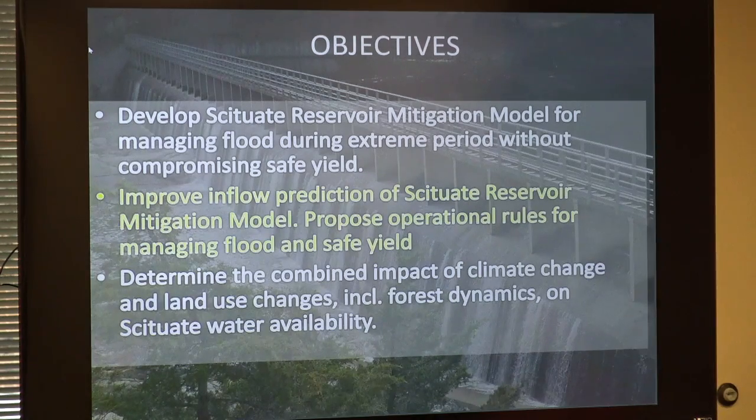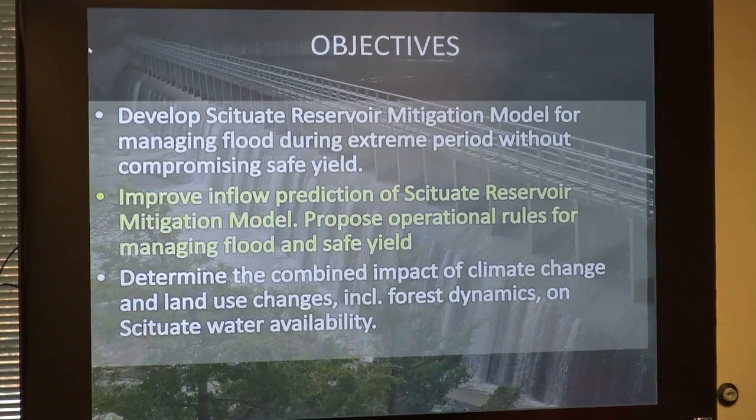We also worked on forest dynamics. When I say forest dynamics, we're not going into single tree kind of study, but it's the gypsy moth infestation that created havoc from 2014 through 2016, and had some issues in 2017 too.